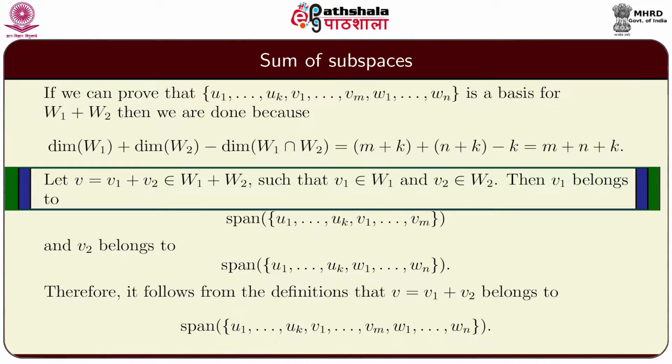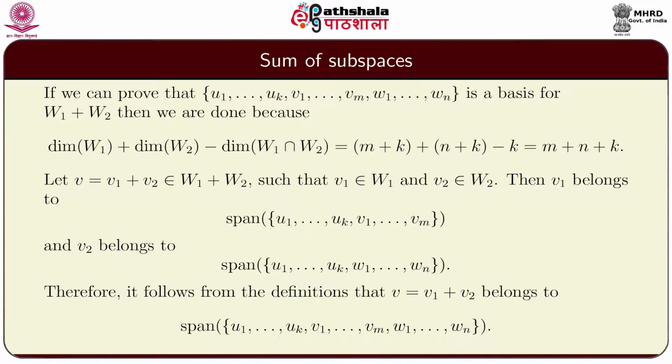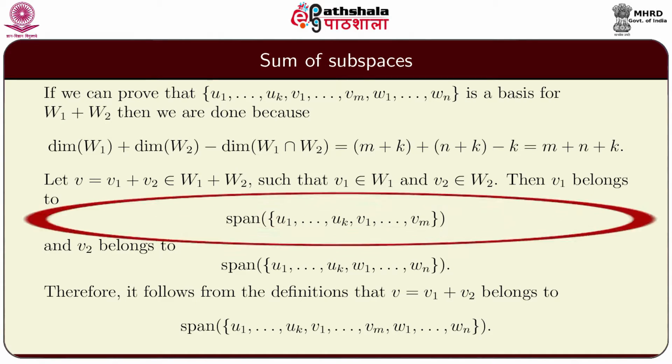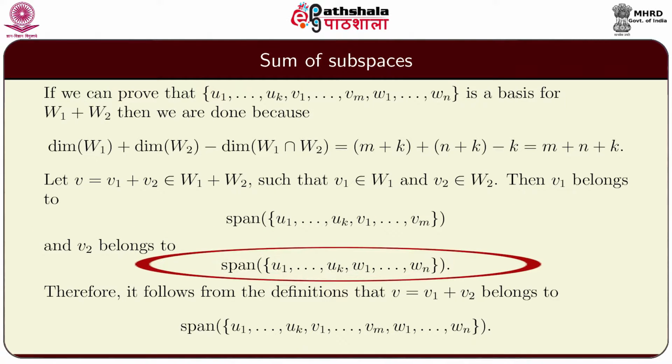So, let v be a vector which is of the form v1 plus v2. That means it is in the subspace W1 plus W2, because v1 is in W1 and v2 is in W2. Then v1 belongs to the span of u1 and so on uk, v1 and so on vm, and v2 belongs to the span of u1 and so on uk, w1 and so on wn.